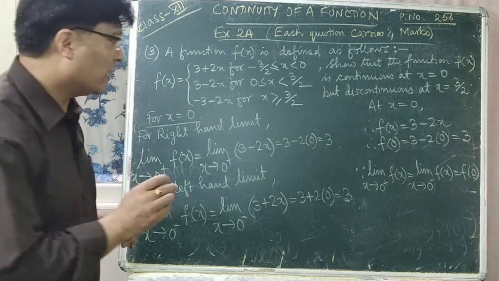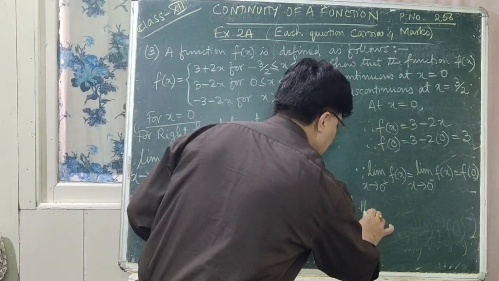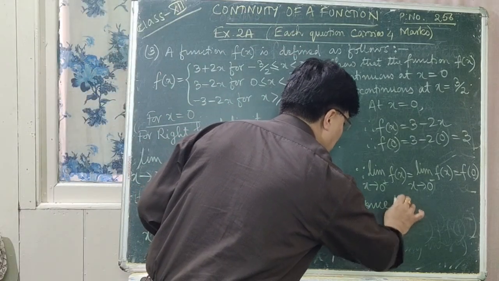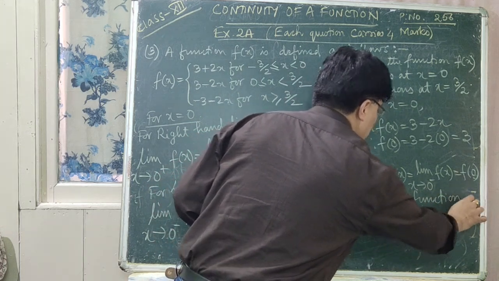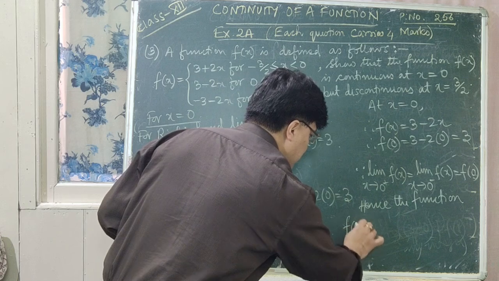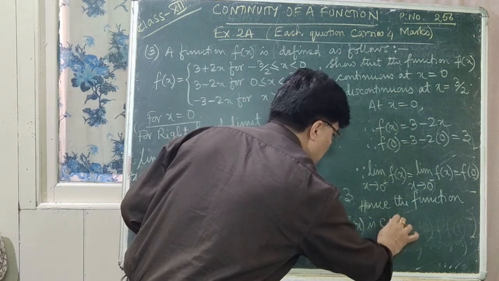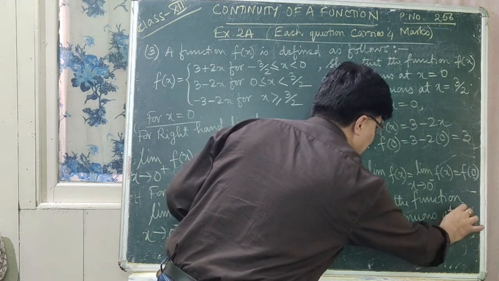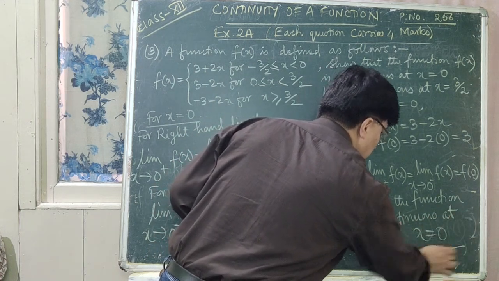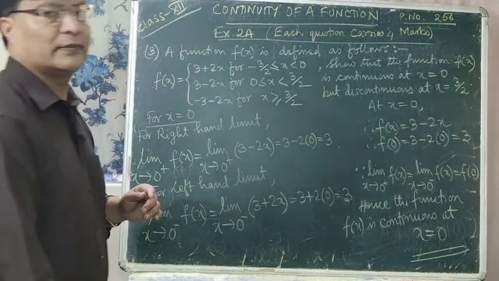That means you can write, hence the function f of x is continuous at x is equal to 0. Proved.